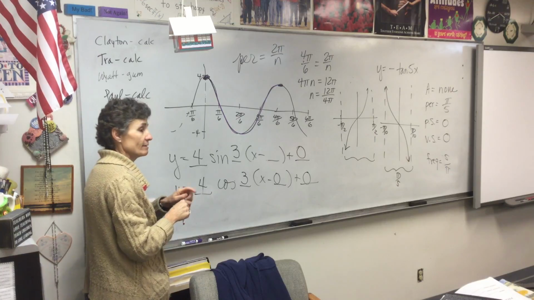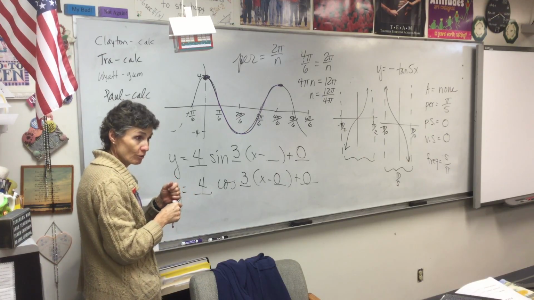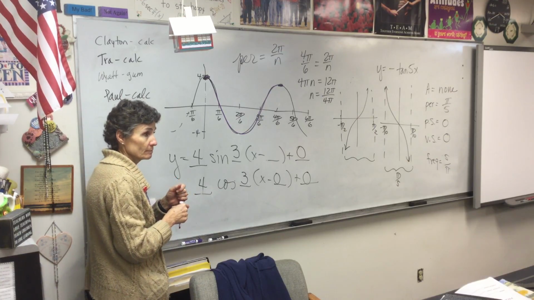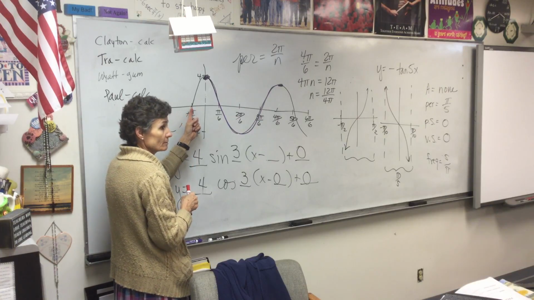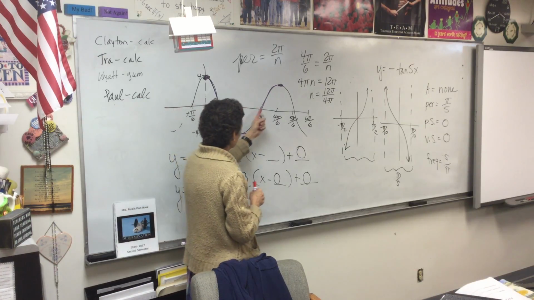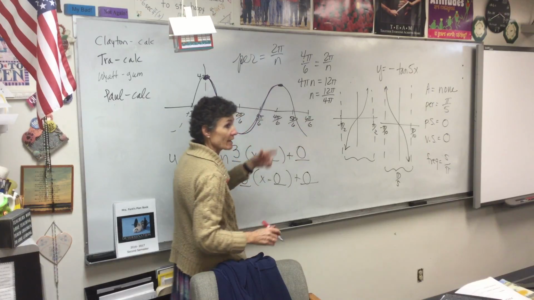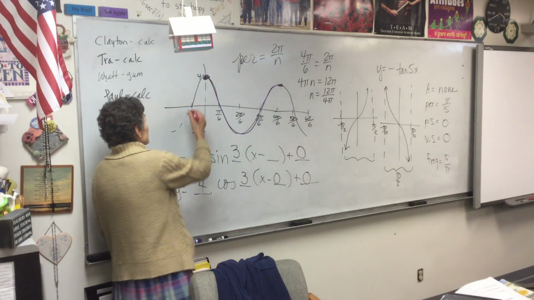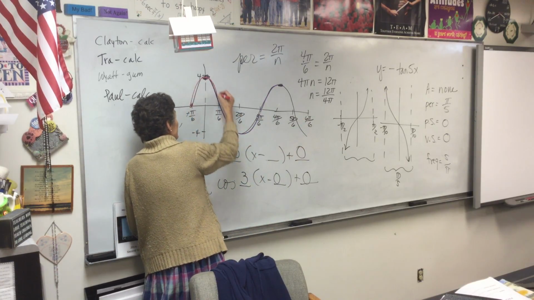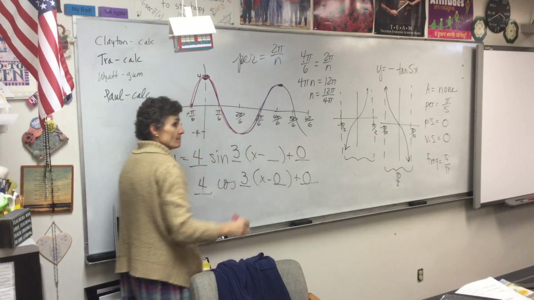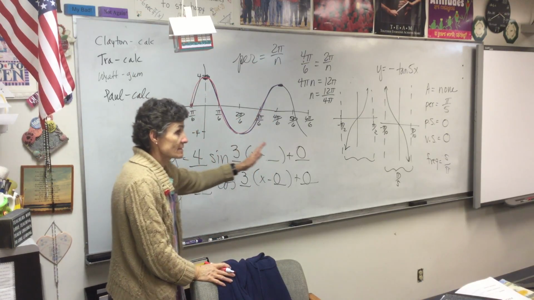If I am looking at this as a sine curve, I'm going to start here, or here, or here, or here. I got to start on the axis, right? So wouldn't it be plus? If you want to start here, that's absolutely fine. But there are other places you can start.